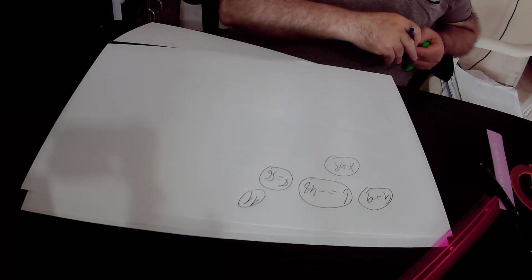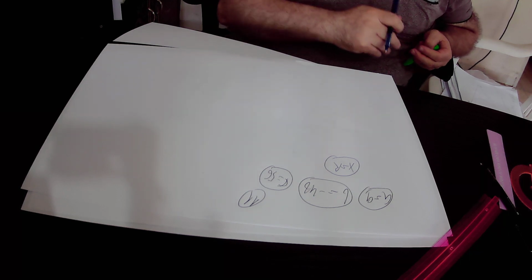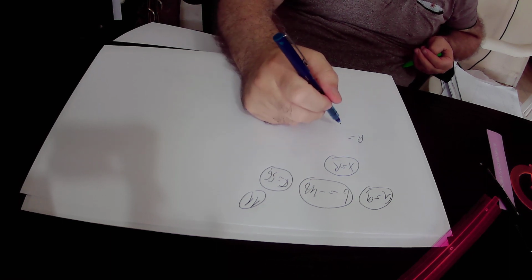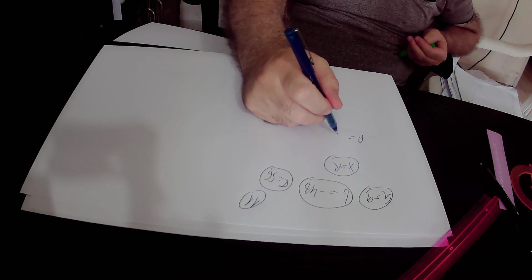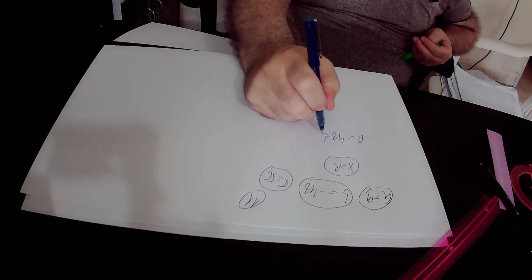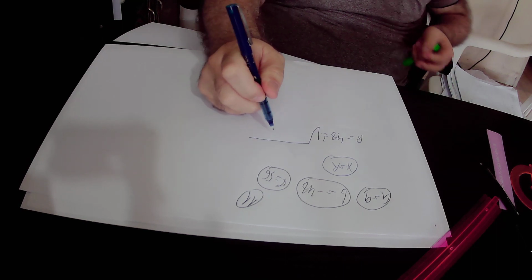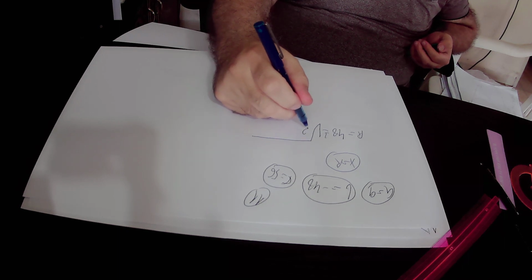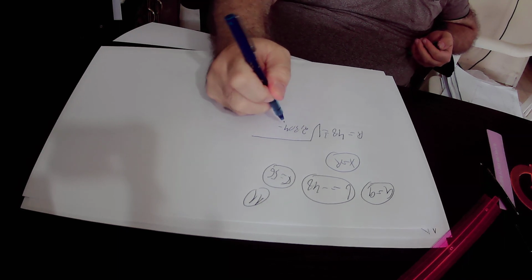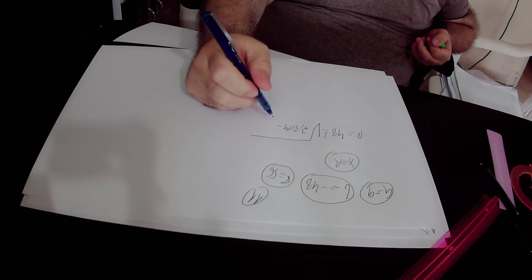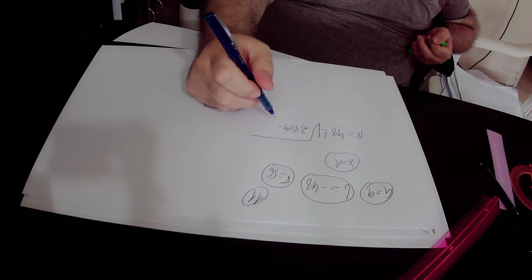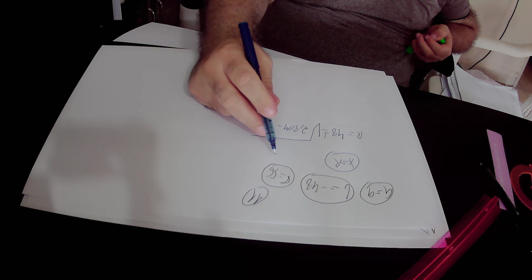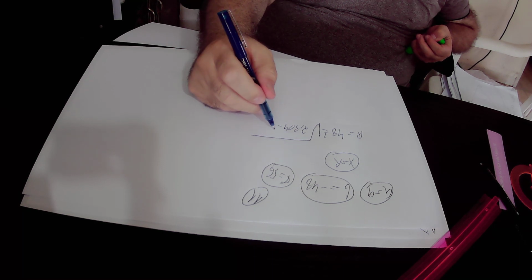So here we put the data into the equation for x, and we get that R equals minus b. b equals minus 48, so minus b is plus 48, plus minus square root of b squared. b is minus 48, so minus 48 squared is 2304, minus 4 times a times c. a is 9, so 4 times 9 is 36, and times c is 58, so 36 times 58 is 2088.